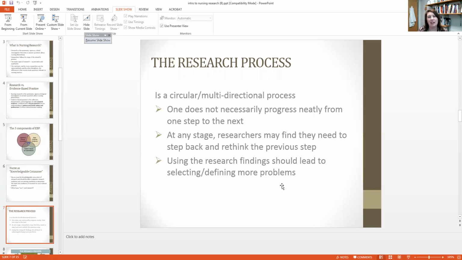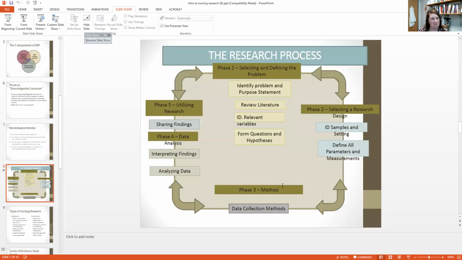But again, just open yourself up to it feeling like a bit of an exploration. As the slide says, at any stage, researchers may find that they need to step back and rethink the step that they took, and that our research can always lead us to selecting and defining more problems that we can research into the future.